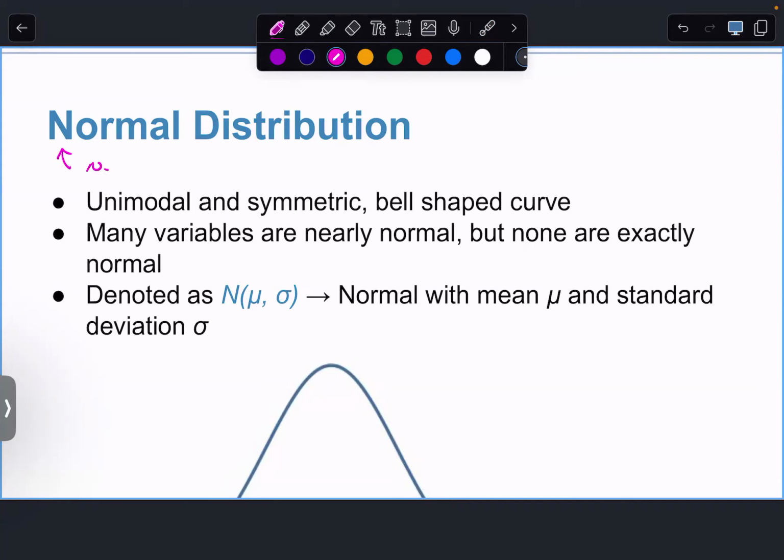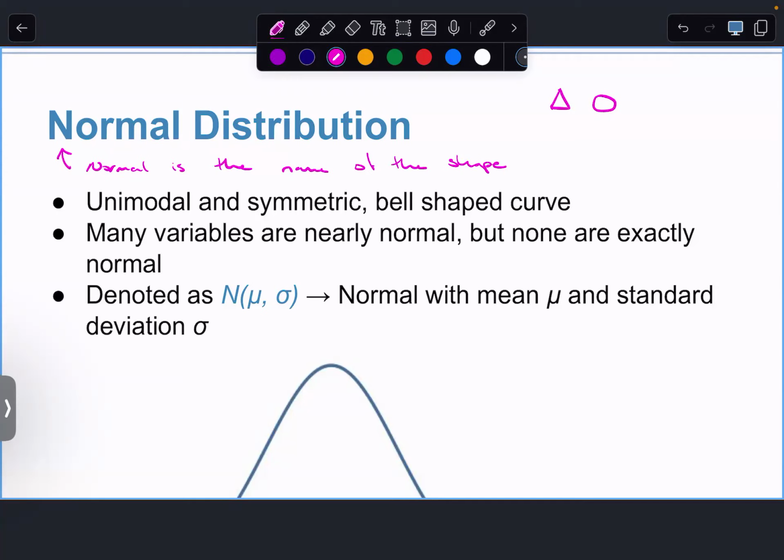And so a normal distribution is the name of a shape. So normal is the name of the shape. If you want to be fancy, you could call it the Gaussian distribution, but we don't. We call it the normal distribution. And so just like if I draw these shapes, you can name those shapes, right?